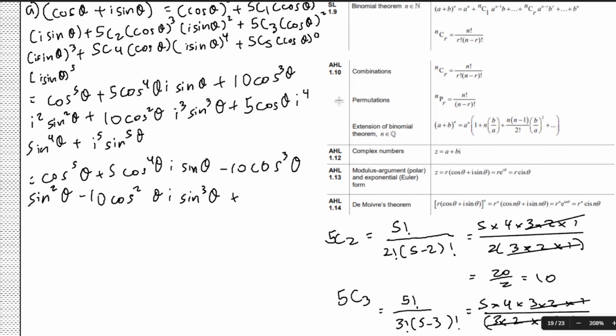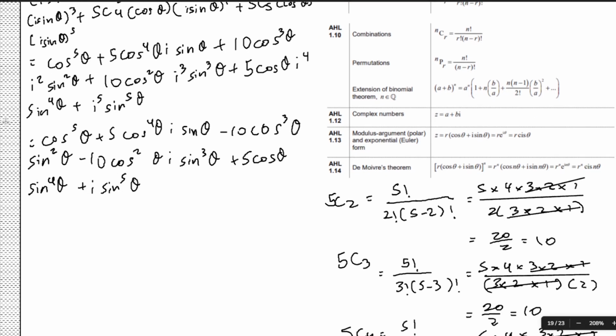So it would be plus 5 cos theta sine^4 theta, and plus i sine^5 theta. Okay?